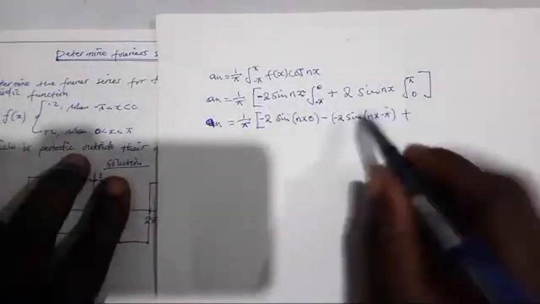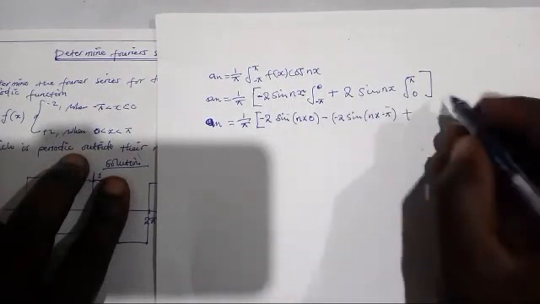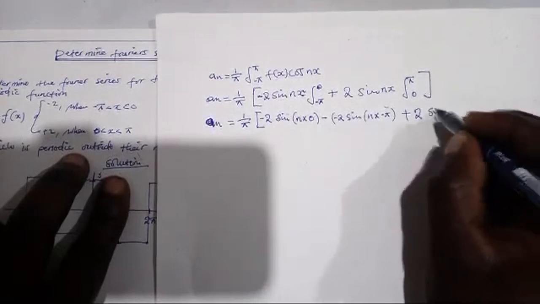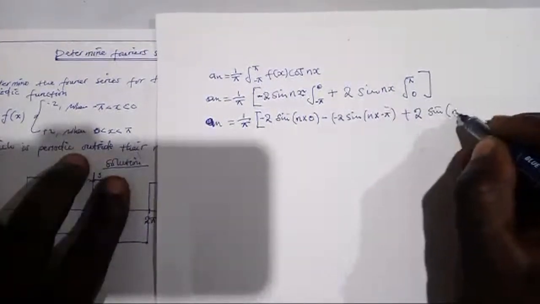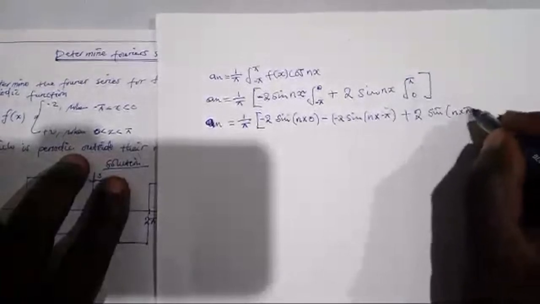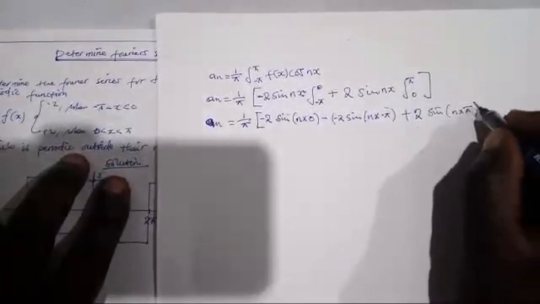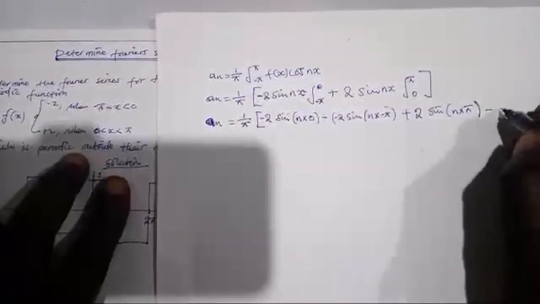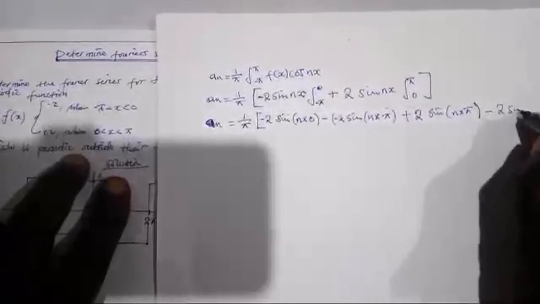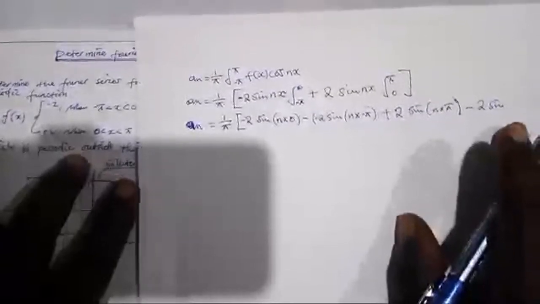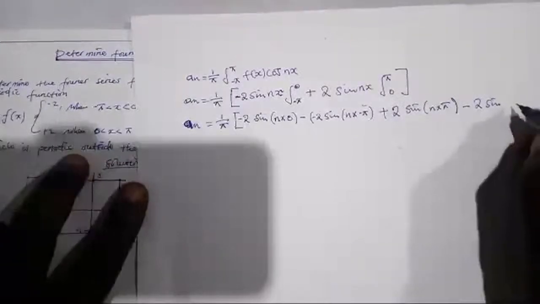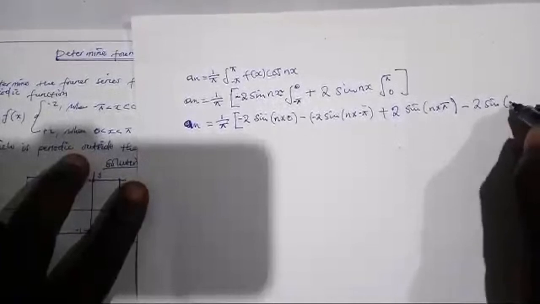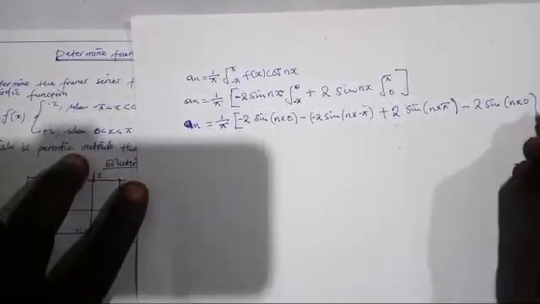So now we are at this step here, okay? Then 2 sine, open bracket, n times the upper limit, which is pi, close bracket, okay, then minus the lower limit, which is 2 sine, open bracket, then n times 0, okay.